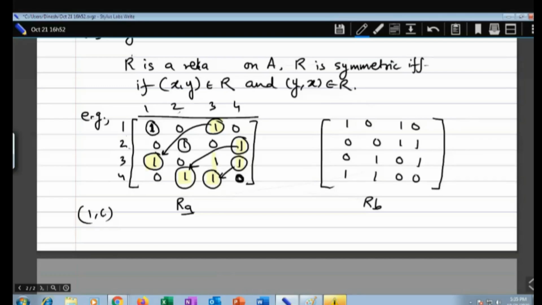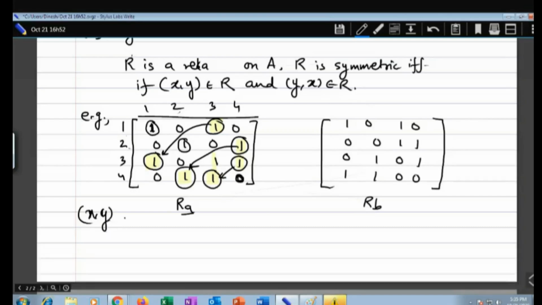So for every (x, y) in R, there should be (y, x) present in R. Then and only then is it called a symmetric relation.